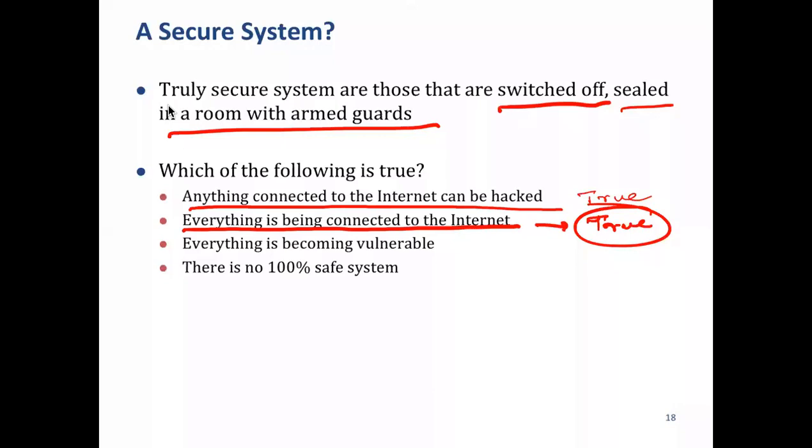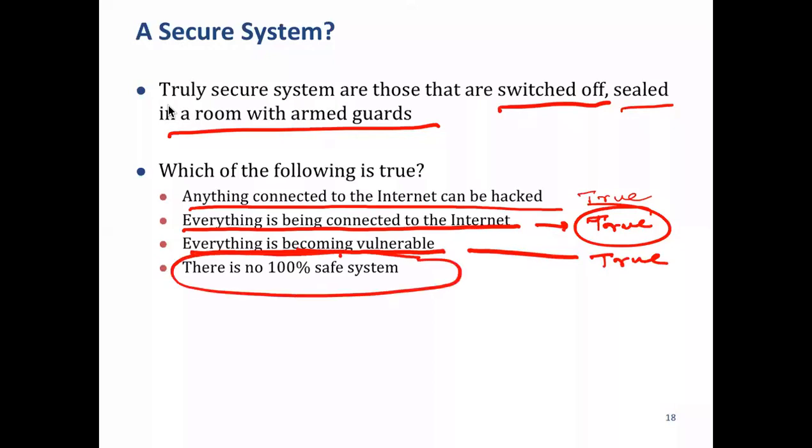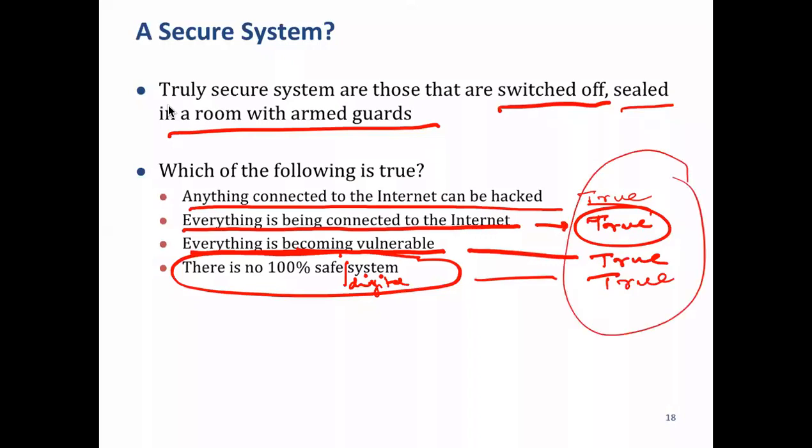So does it mean that everything is becoming vulnerable? This is also true. And then can we say that there is no 100% safe, I will add here, digital system? This is also true. Now I am thinking like a cyber criminal.